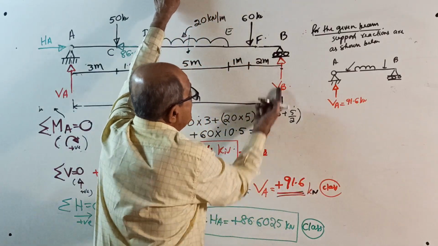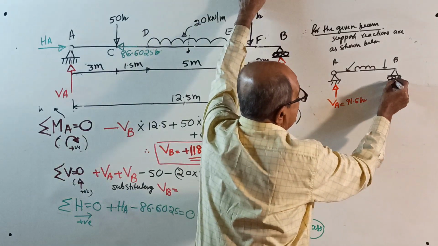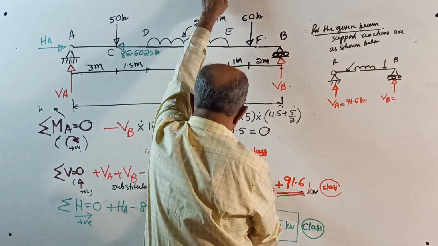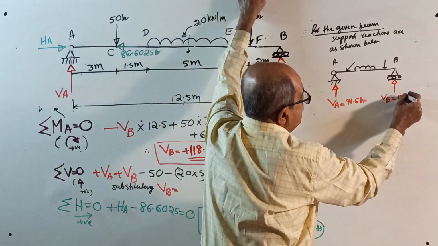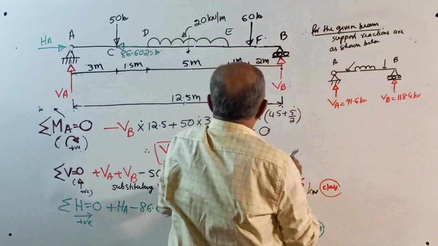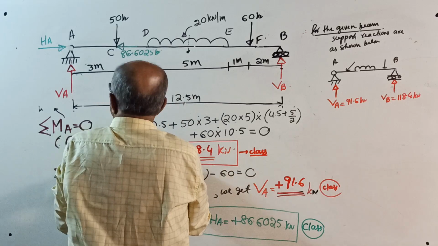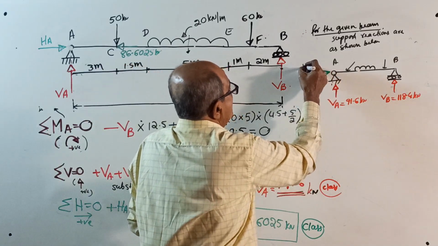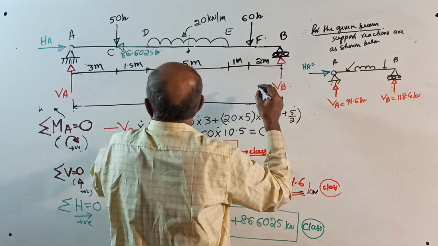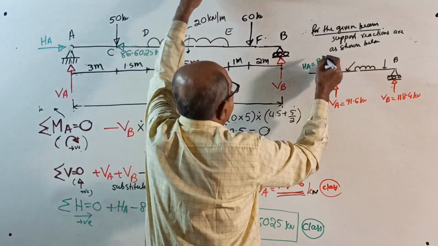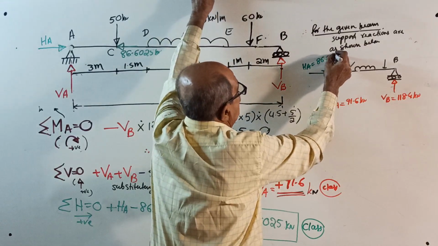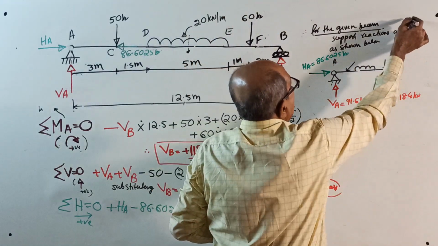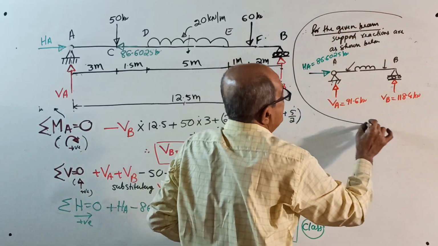VB, you took vertically up, that is also correct. Vertical reaction VB equal to 118.4 kilonewton. HA, we took right side, it came positive, therefore HA equal to 86.6025 kilonewton to the right. This is the final answer for the support reactions.